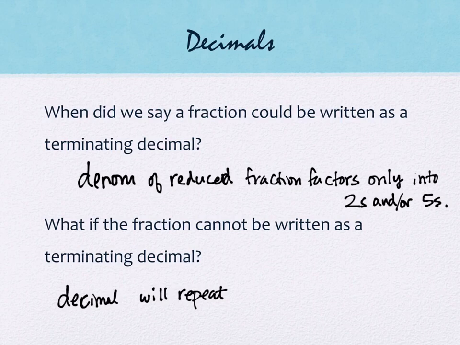So if you change it, it has to be from reduced form. We looked at one where that happened, right? It has to be in reduced form first before you can know for sure. If it's in reduced form and you have a 3 or a factor of 11 or something else like that in the denominator, then that means that you're going to have a repeating decimal.